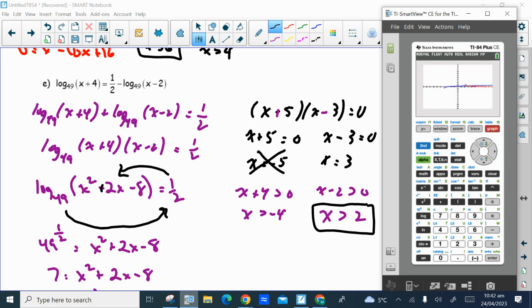Graph it. Looks like there's only one point of intersection. When I hit enter, there's no y value for the second curve because I need to move my cursor over because of the restriction on the domain there. And there we get our answer confirmed of x equals 3.